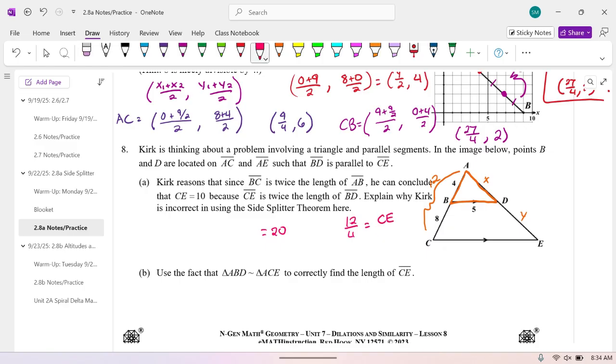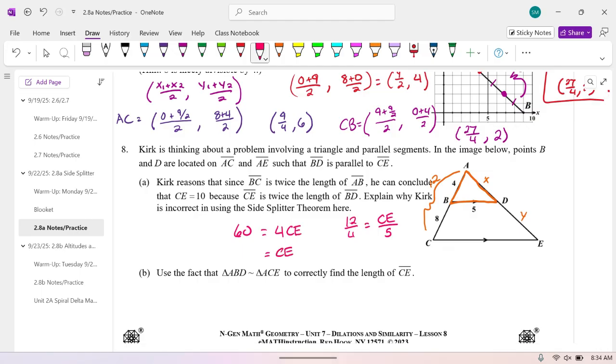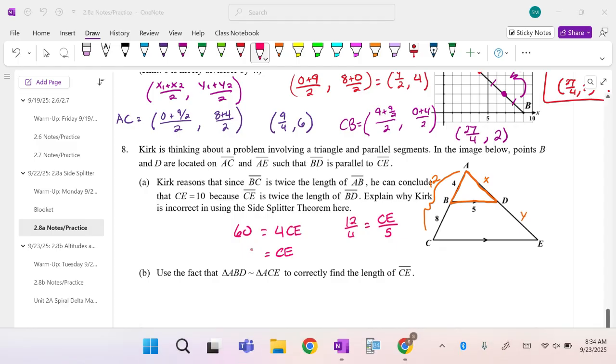This should be CE, this should be 5. See, that's why keeping it corresponding is the way you have to go. Because 12 goes with CE in the triangle, 4 goes with 5 because they're in the same triangle. So 12 times 5 is 60, which is equal to 4 times whatever CE is. If I divide by 4, CE would have to be equal to 15.